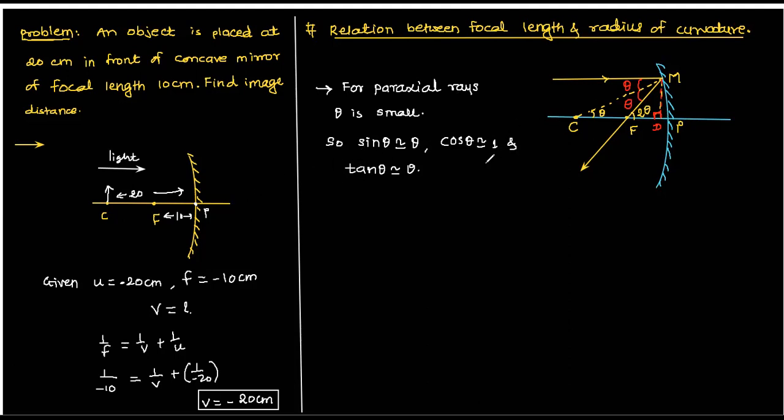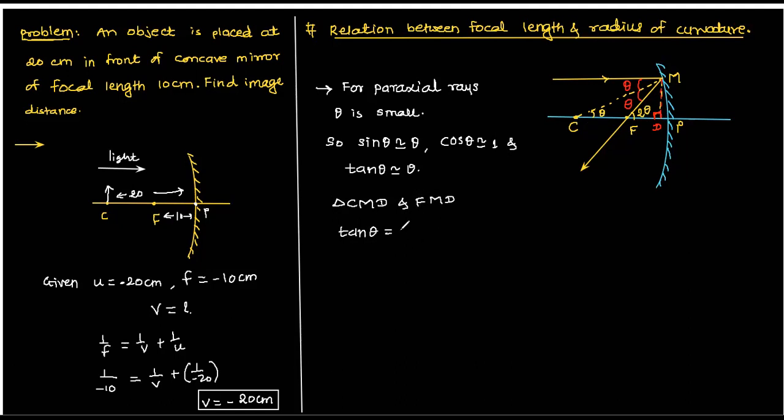Now see in the diagram: triangle CMD and triangle FMD. From triangle CMD, tan theta is equal to MD by CD, opposite by adjacent.